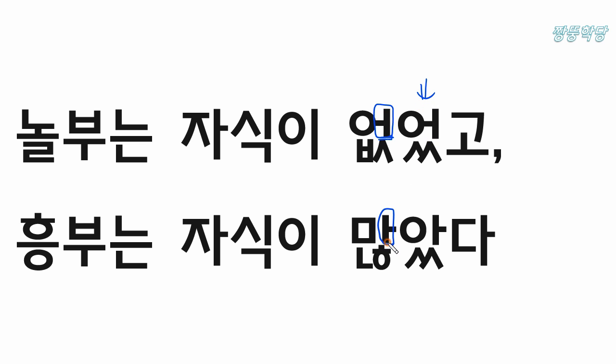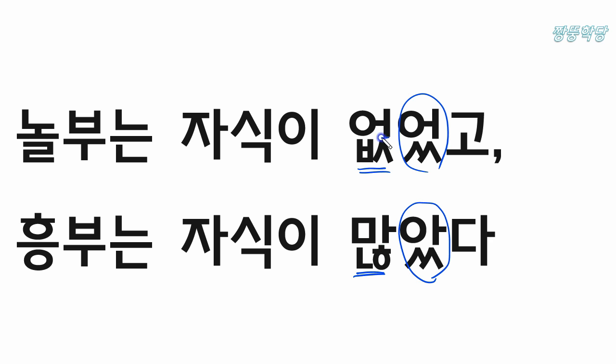And if the vowel of the predicate is 아, then we use 았 to express past tense. So we use 었 and 았 to express past tense.